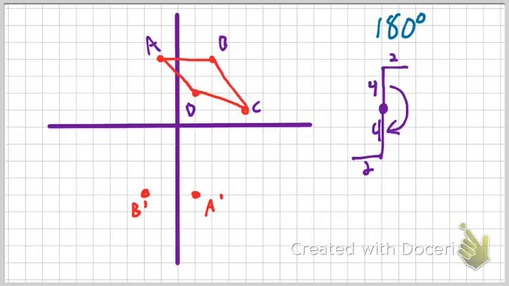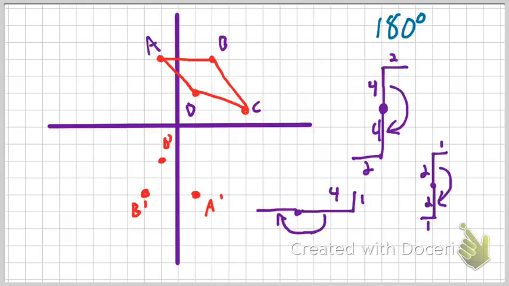For D, I went up 2, right 1. That's going to become down 2, left 1. And that would be D prime. And then lastly for C, we went right 4 and up 1.